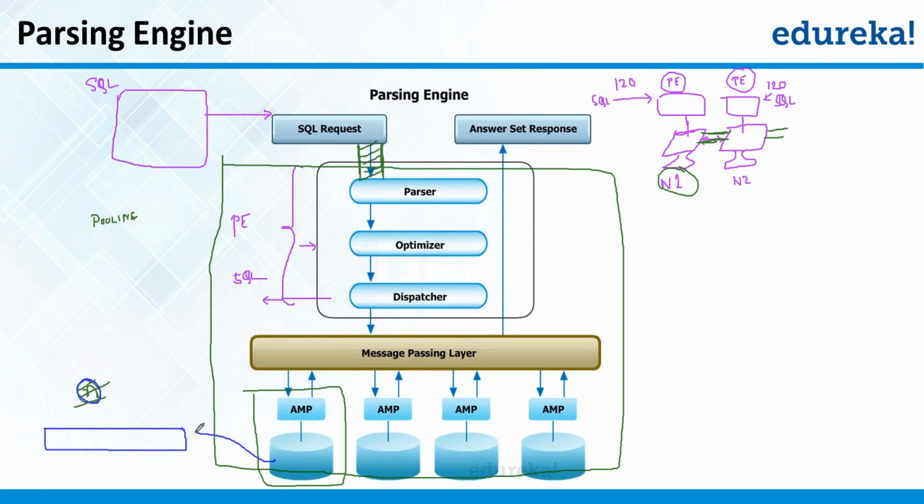Now what happens is this is called a vdisk. This part is called a vdisk or a virtual disk. And this is your physical layer, so this is your physical array.